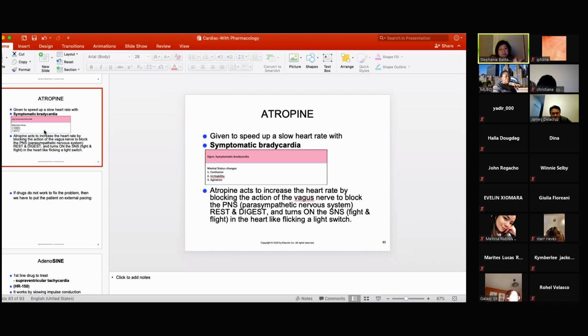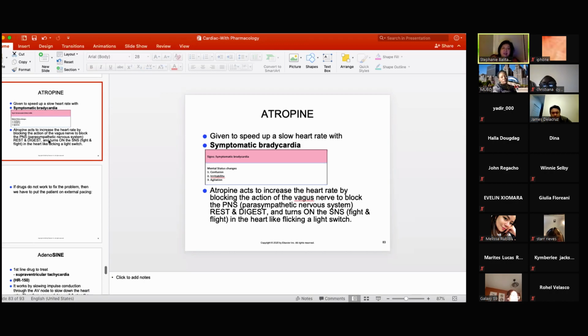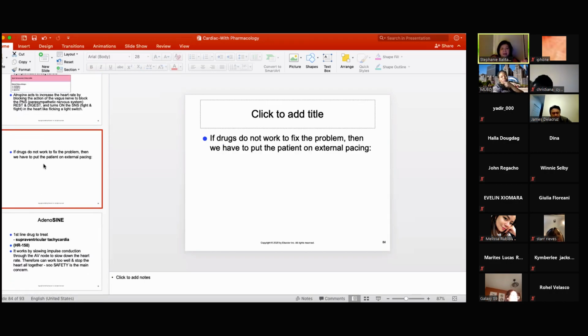Remember, it's the heart rhythm that is addressed by your dysrhythmia drugs. If atropine does not work, then we have to put the patient on a pacemaker, external pacing. So atropine is there to increase the heart rate.